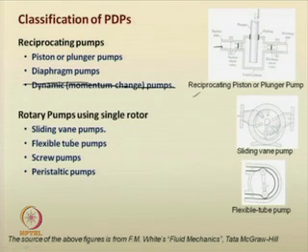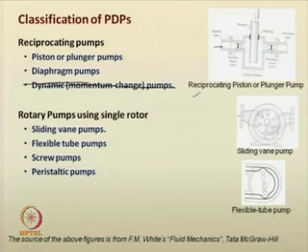Similarly, in the rotary pumps you can see sliding vane pumps. The vane slides, and due to the sliding it opens at one portion and closes at another portion. Flexible tube pumps are there in single rotor rotary pumps.